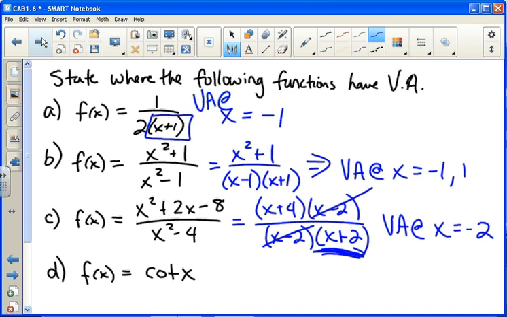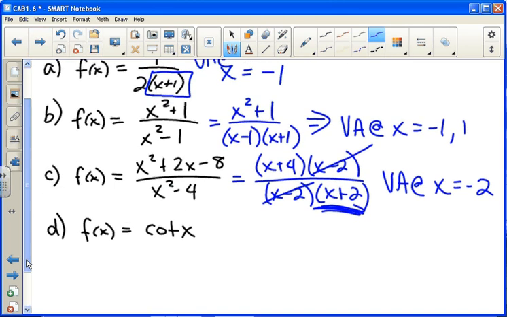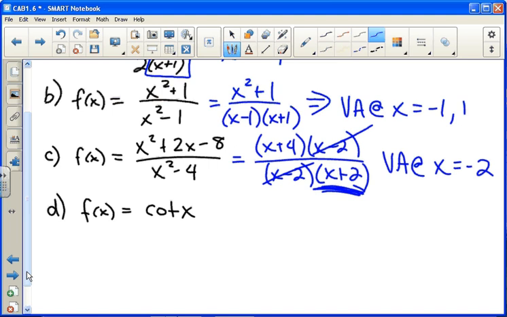Okay, and finally, D, cotangent x. Well, we're not super familiar with cotangent, but if you're in calculus, you really should be familiar with the unit circle. And the unit circle does talk about sine, cosine, and tangent. So there's a couple ways you could approach this. I would recommend using the fact that cotangent is the same as cosine x over sine x.